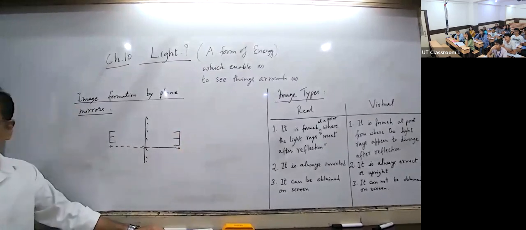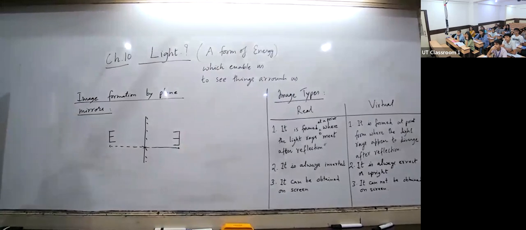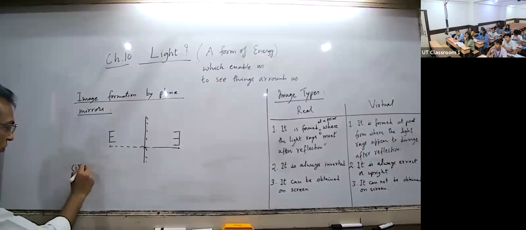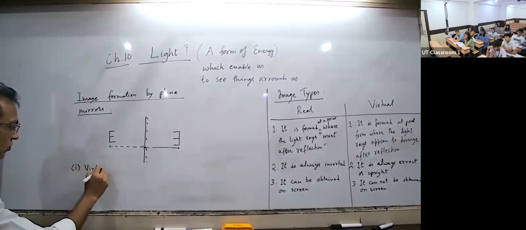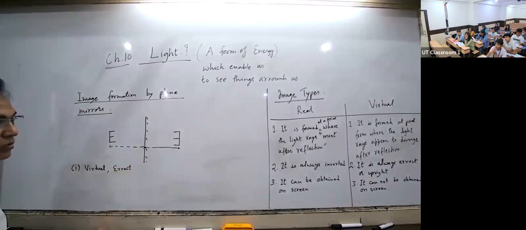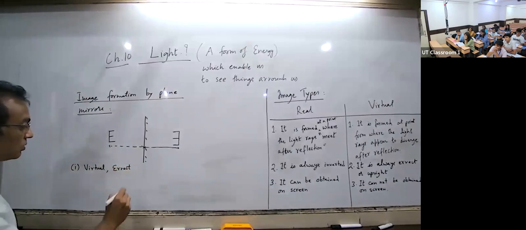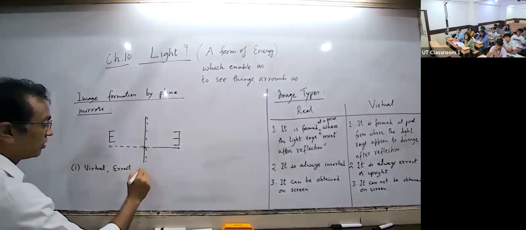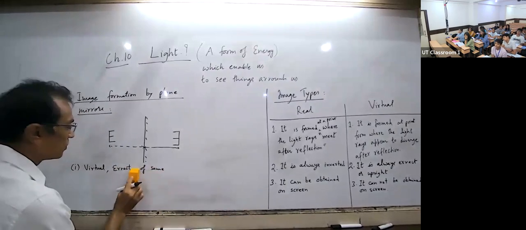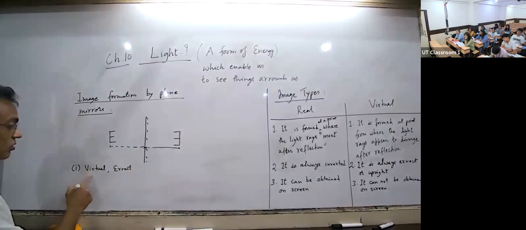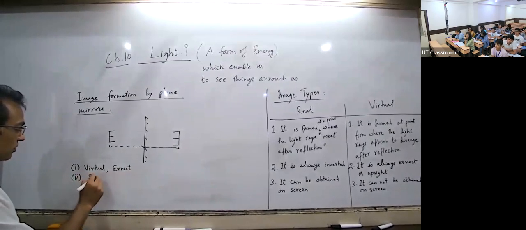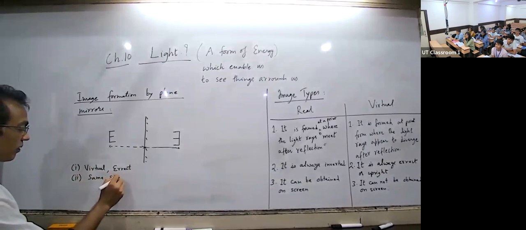Laterally inverted. So what are the properties of images found in a plane mirror? First is, yes, it is virtual, direct, of the same size. So this is called nature of image, virtual and direct. And size is same size. What else?